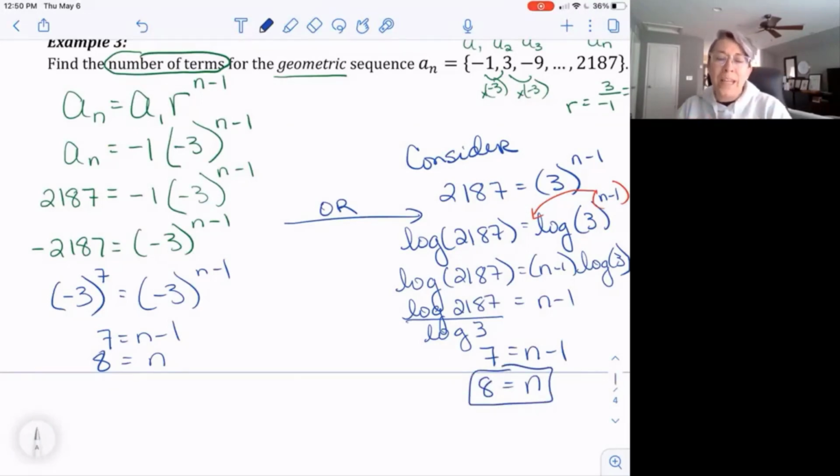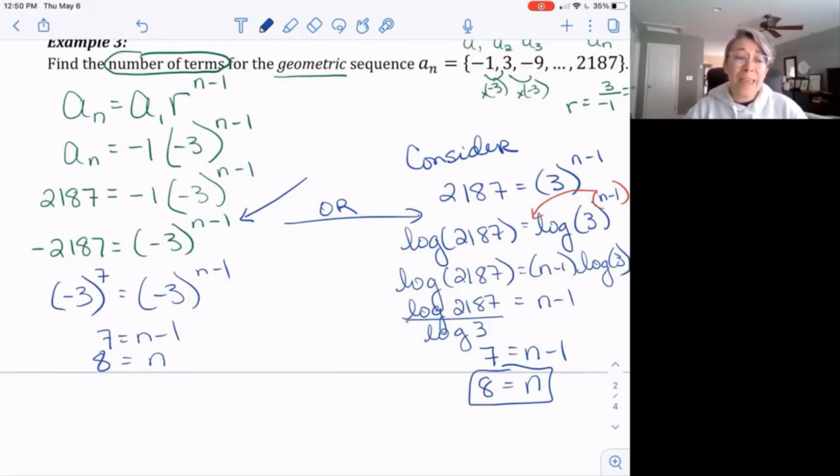What we did on the right-hand side, we did not divide by the -1. We did not divide by the negative of the 3, otherwise the 2187 would become negative. All we did is we said, okay, we want to solve this equation. In order to get an exponent out of the exponent position, we would take the logarithm or put them in like bases. But if you saw the logarithm, it is a valid approach.